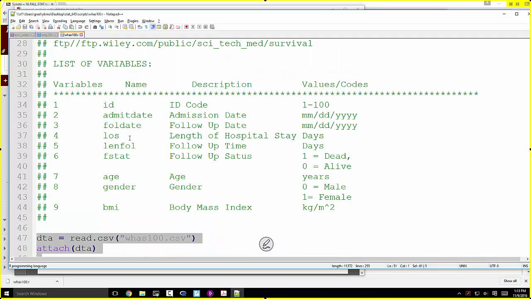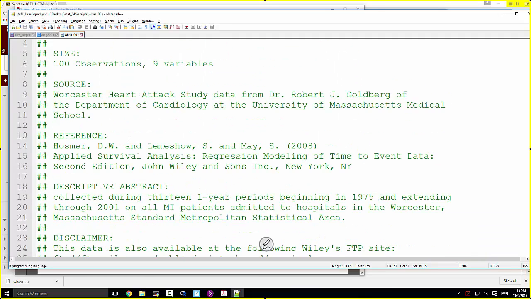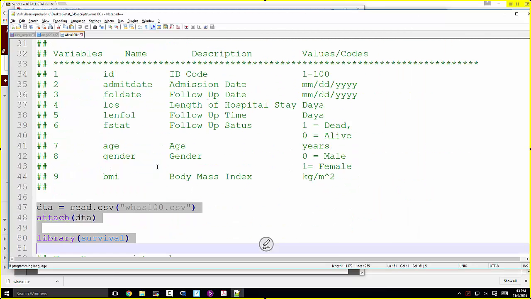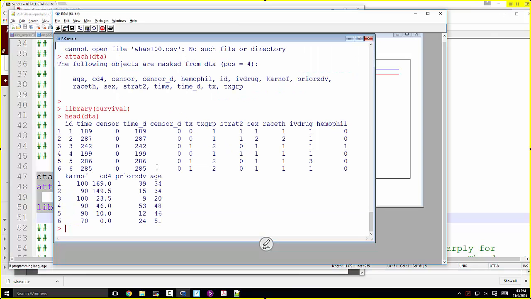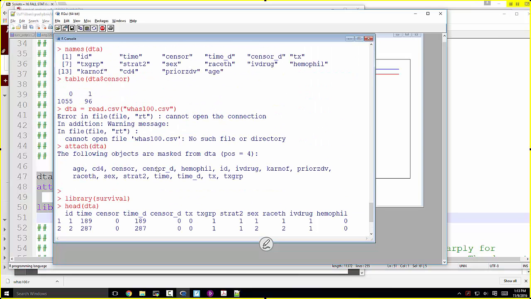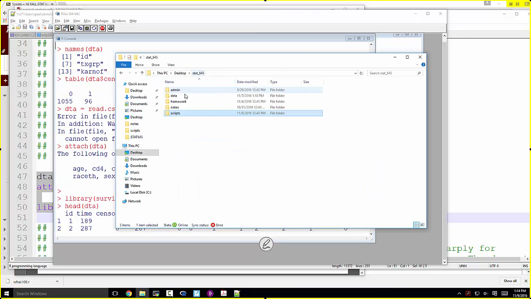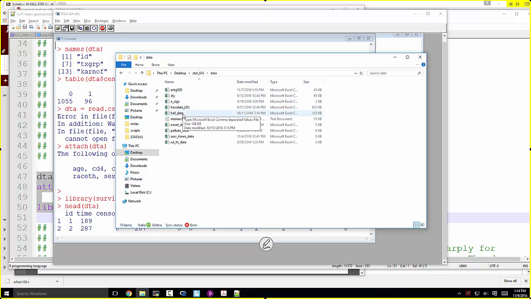This doesn't have any mention of that. Oh, okay. So it did not find that file. Okay, sorry. I need to get that file.